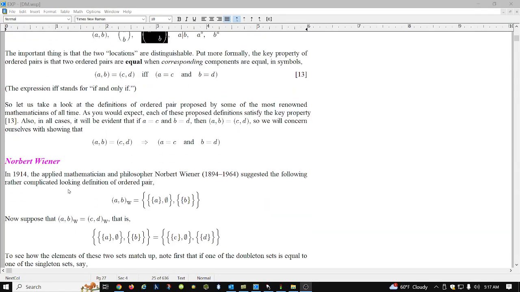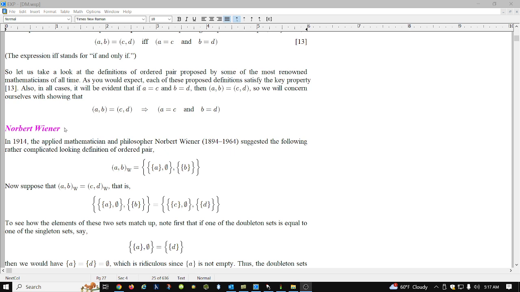So the first proposed definition we'll look at is from a mathematician and philosopher named Norbert Wiener. In 1914, he suggested the following definition for ordered pair. So I put a W subscript here to denote the fact this is Norbert's suggestion.